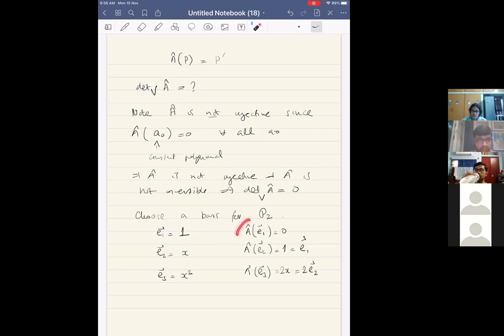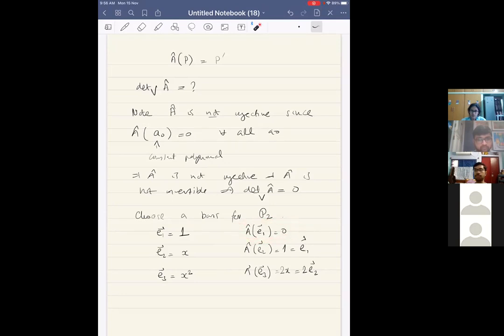So now I take my linear map A hat acting on each of these basis vectors. What is A hat acting on E1? Take the polynomial corresponding to the basis vector E1, the constant polynomial 1, and take its derivative. Its derivative is 0.